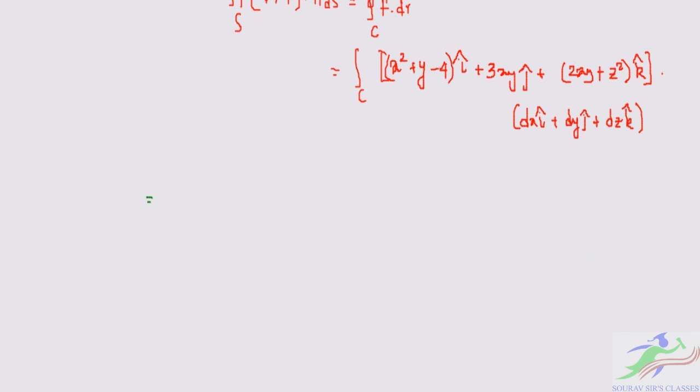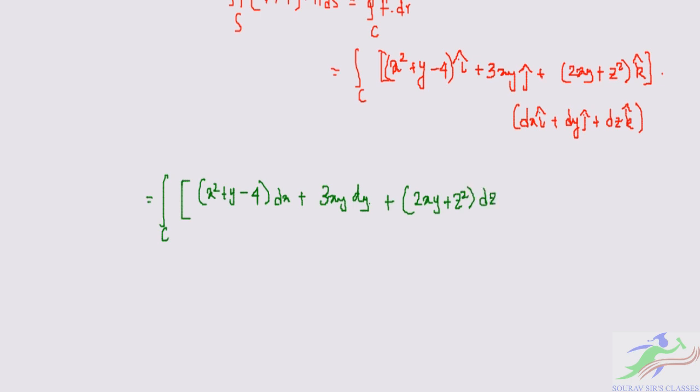Now solving it, the integral over C will be (x square plus y minus 4) dx plus 3xy dy plus (2xz plus z square) dz.